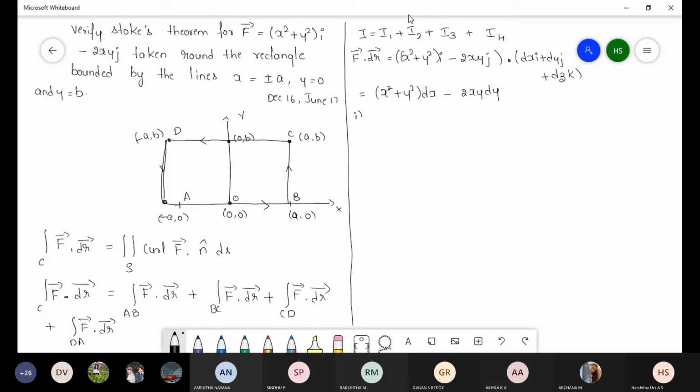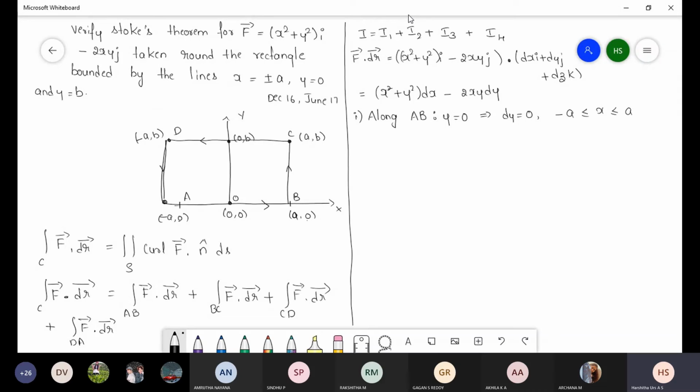Now come for the first curve along AB. Along AB we have common point, that is y is equal to 0. That means dy is equal to 0. X varies from minus a to a, means minus a less than or equal to x less than or equal to a.